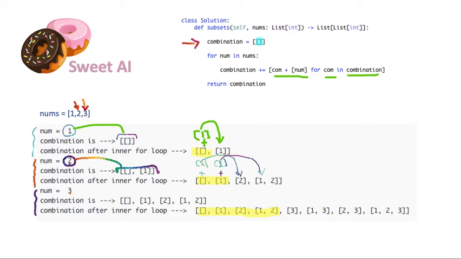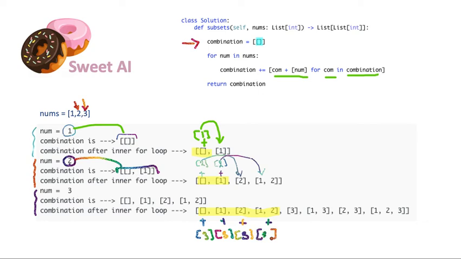What we are going to do is add 3 to every single subset that we have from the previous steps. So 3 is going to be added to every single one of them, and this way we are going to generate new subsets, right?